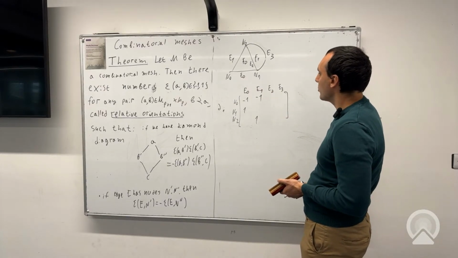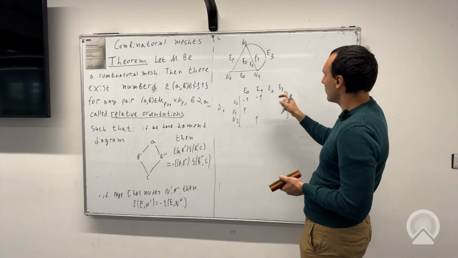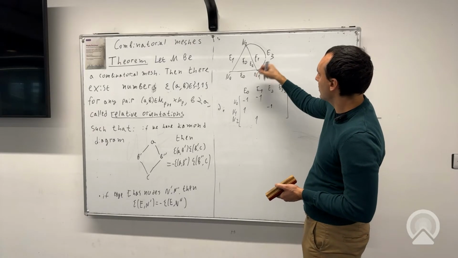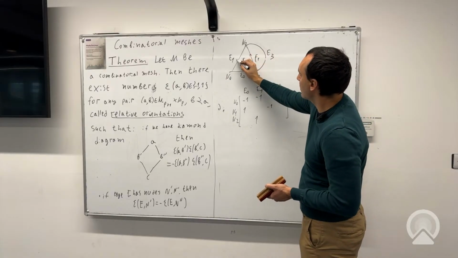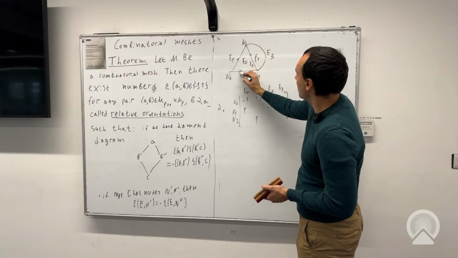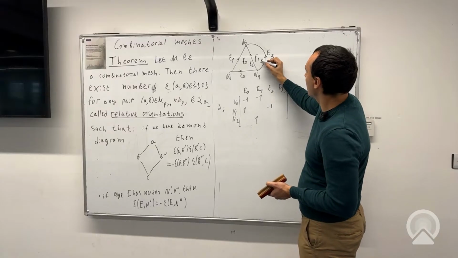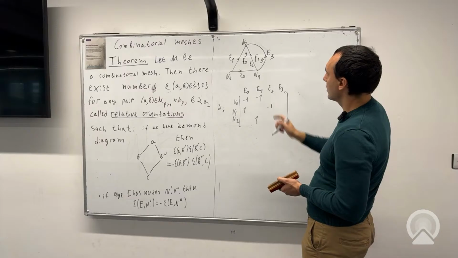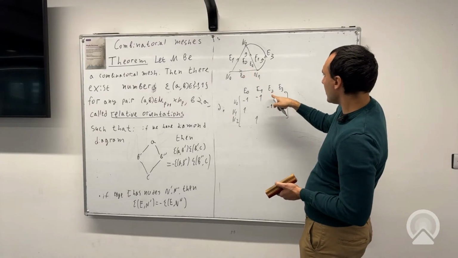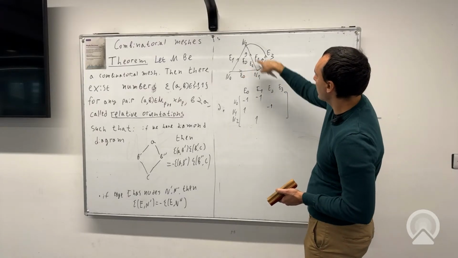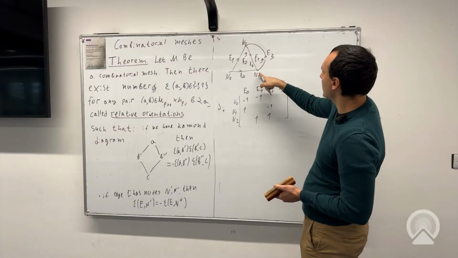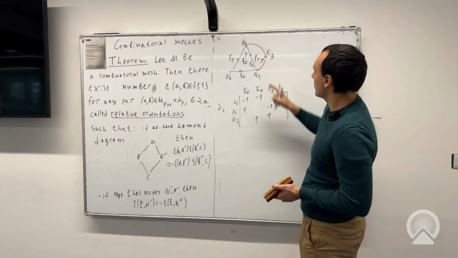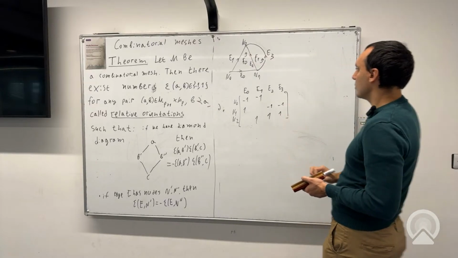It's better to take the opposite orientation, but it doesn't matter for now. E2 is -1 here, +1 here, and E3 is -1 with N1 and again +1.